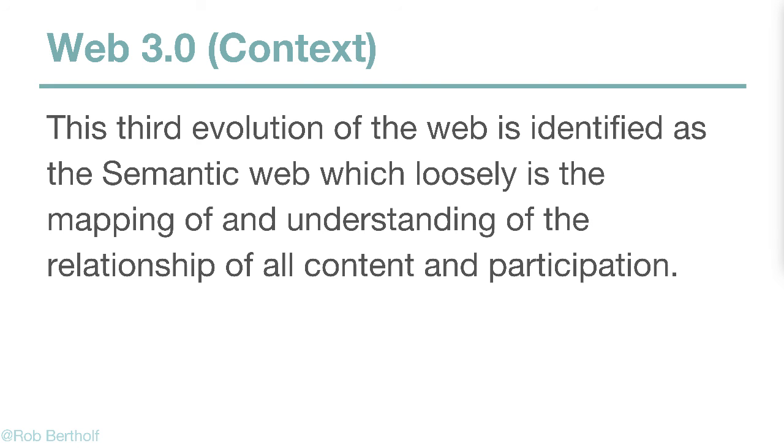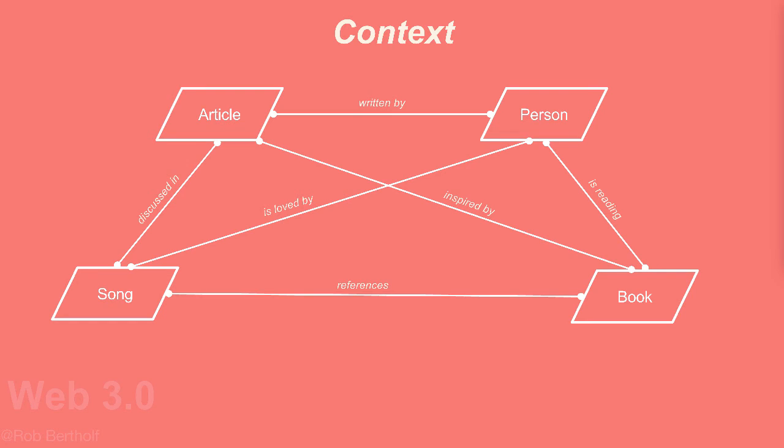Where we go from here is subject to interpretation. There is no definitive definition of Web 3. But the way a lot of people look at it, Web 3 is about context. This is the third evolution of the web that brings semantic information, or additional information, with these entities. So now we're able to understand the relationship of content, not just participate with it.